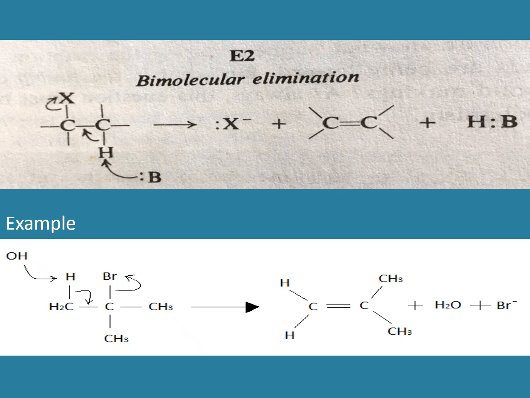For the breaking of those bonds, the energy will be obtained from the bond making processes. That is, the bond between hydrogen and base will form, and also a double bond is formed between the carbons. These two bond making processes are exothermic and release energy, and that energy is utilized for the breakage of the other two bonds.